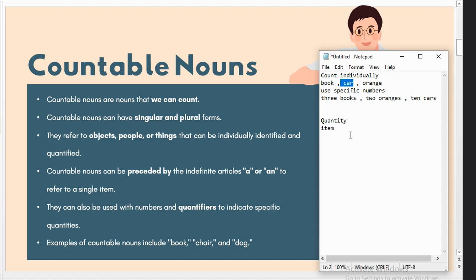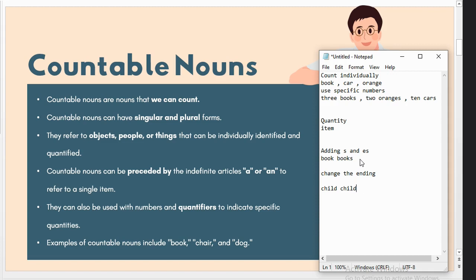Countable nouns can have singular and plural forms. Singular and plural forms means adding s and es, like book, books. So book is a singular and books is a plural form. We can change the ending, like child to children.